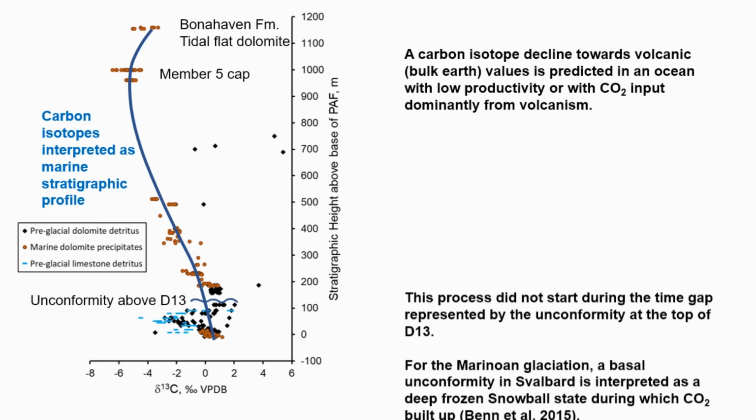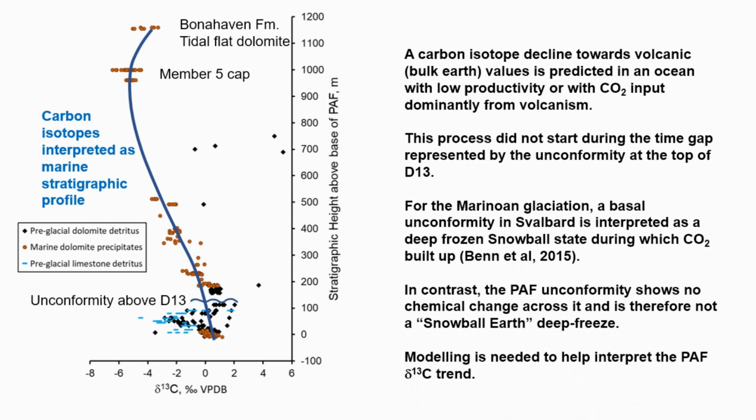Intriguingly, this trend does not start until above the unconformity above diamictite 13, implying that the unconformity is not a snowball Earth unconformity with a deep frozen Earth. In other words, it's different from what we found in Svalbard in the paper by Bennett et al. in 2015.